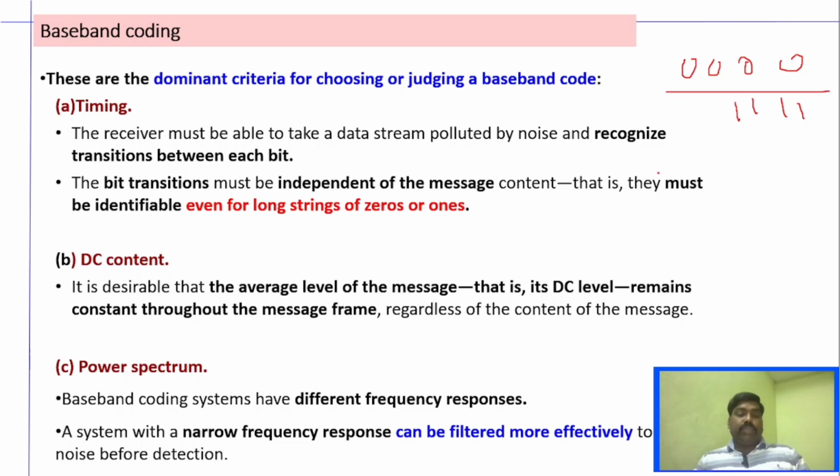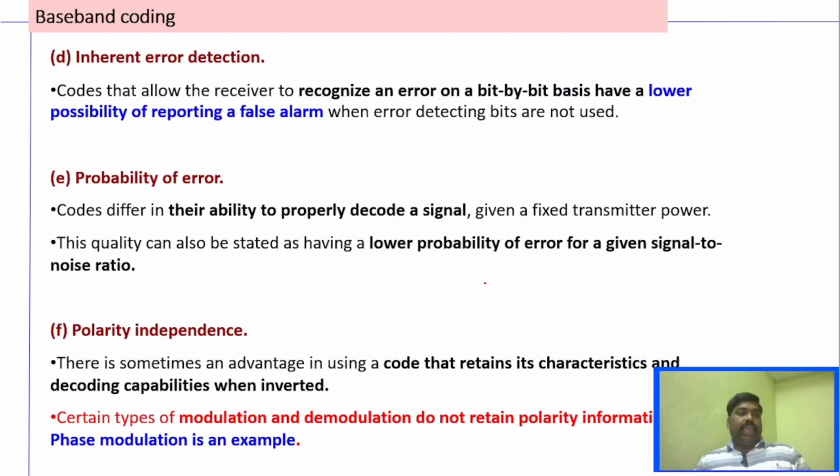And coming to power spectrum, each and every baseband coding system has different frequency responses, and a good narrow frequency response can filter more effectively to reduce the noise, right? So that is about power spectrum. And I already said what the inherent error detection capability is. That is, the code should allow the receiver to recognize an error on a bit by bit basis, right?